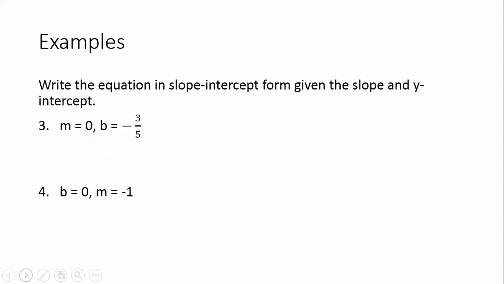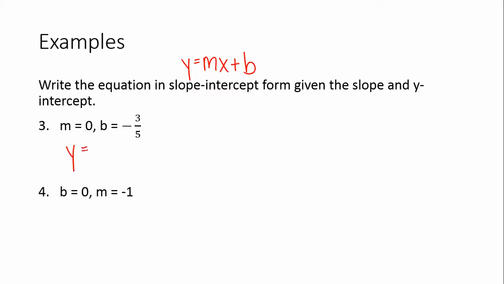A couple more examples. Again, we're writing in slope-intercept form, y equals mx plus b. Also remember that y and x are the variables, so when we write the equation, we're going to leave y as y and x as x. You'll never plug anything in for those when you're writing the equation. So here we're told in number 3 that the slope is 0 and that the y-intercept is -3/5.